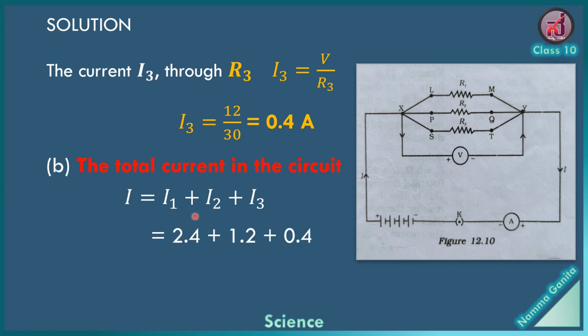Substitute the values. I1 is equal to 2.4 plus I2 is equal to 1.2 plus I3 is equal to 0.4. That is equal to 4 ampere. The total current in the circuit is equal to 4 ampere.